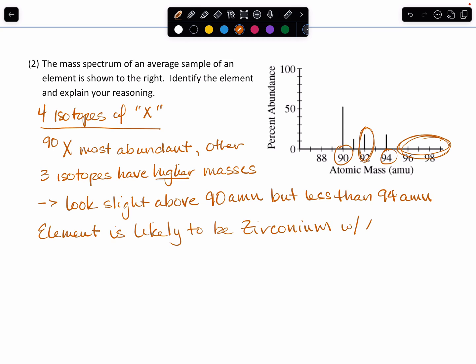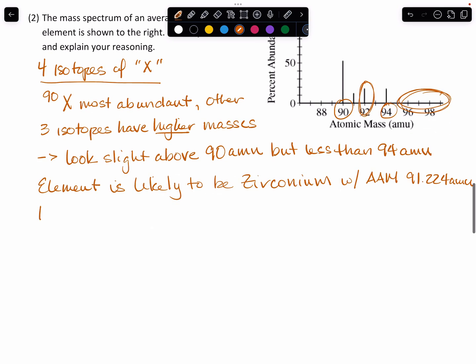It has an average atomic mass of 91.224 AMU, which seems reasonable, right? Because I've got some at 91, some at 92, and then some up at 94, but the majority is 90, so it's going to pull it closer to 90. But I have to give myself a little bit of wiggle room.